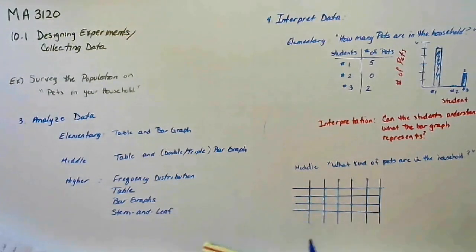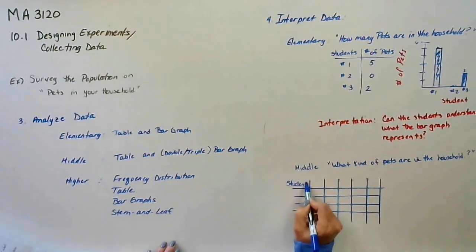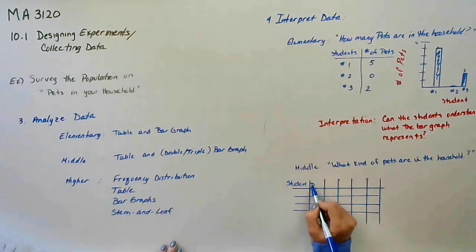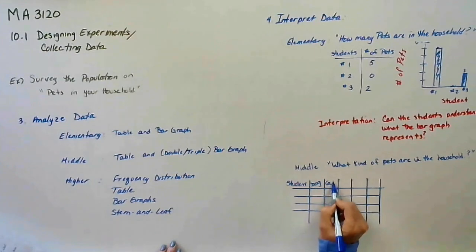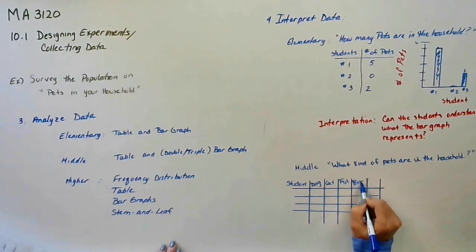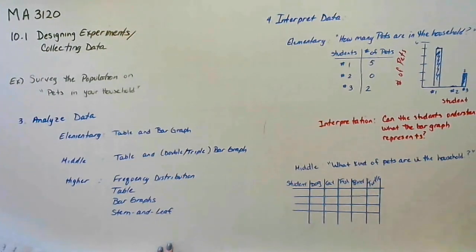So I have this table. And in this table, we said, okay, here's our student. And then across the top we have dog, cat, fish, I don't remember what all we said, bird, turtle, other. You could put an other category.